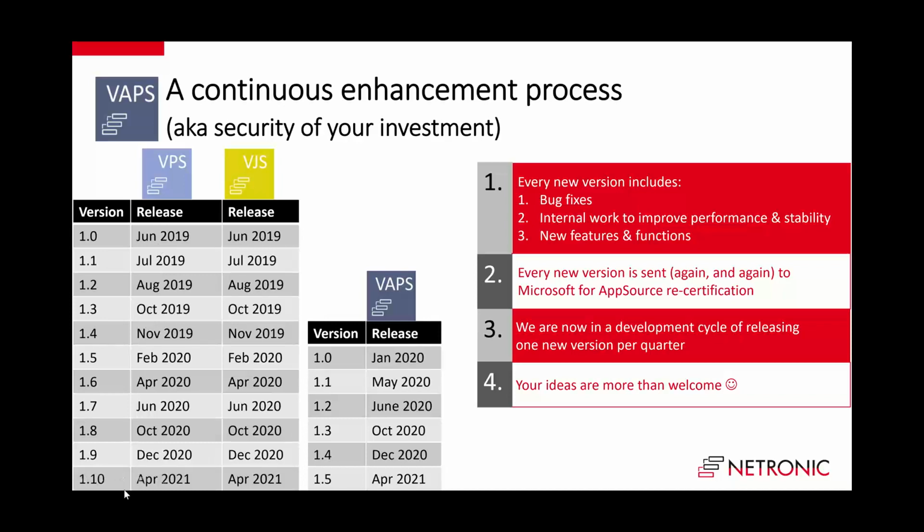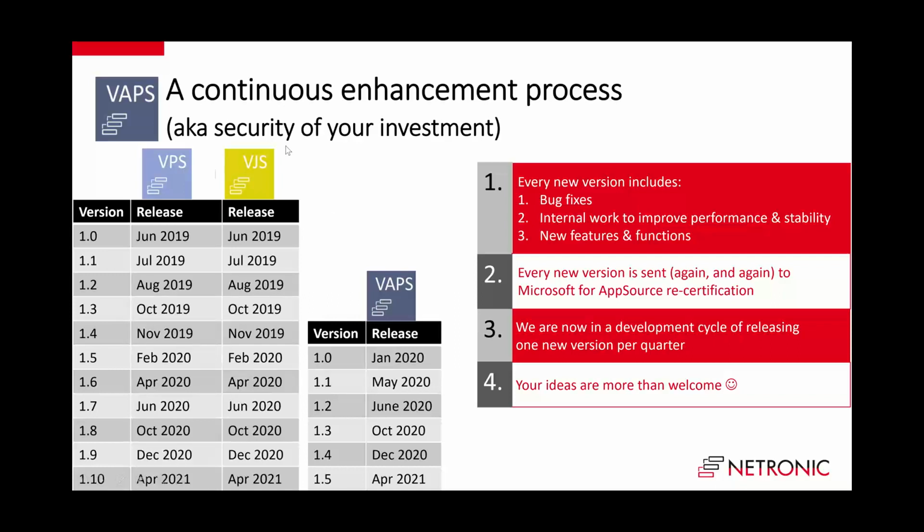We are now at version 1.10. So in less than 2 years, we shipped 11 versions, which is pretty cool and proves that we are constantly enhancing our products. A bit more than a year ago, we released the Visual Advanced Production Scheduler and now also shipped the 6th version as the big brother to the VPS.